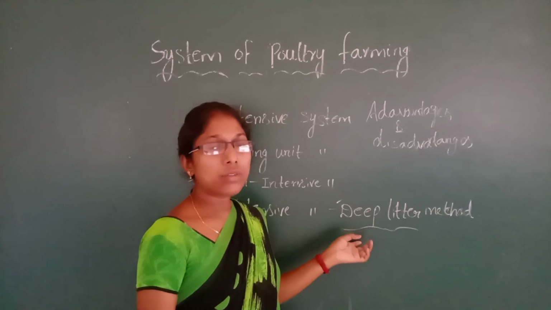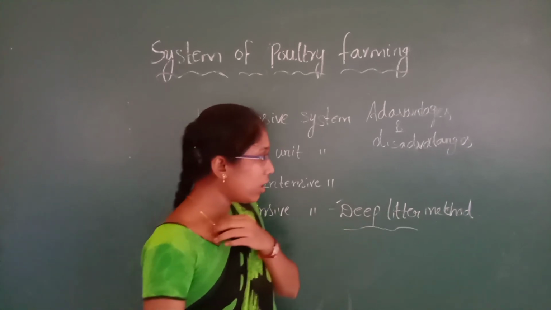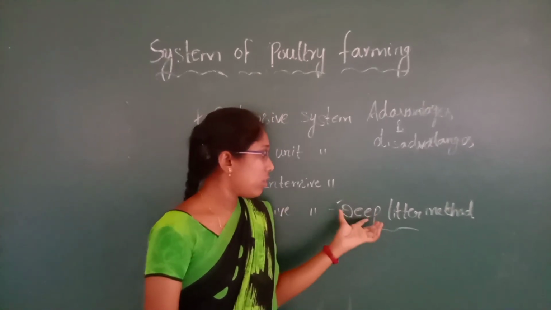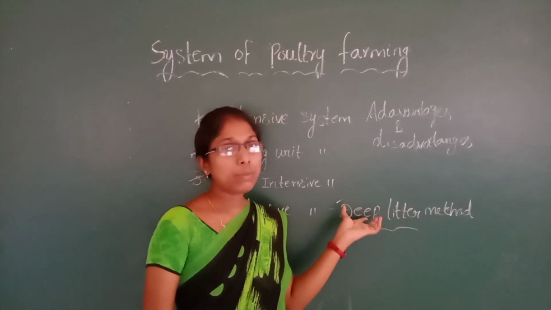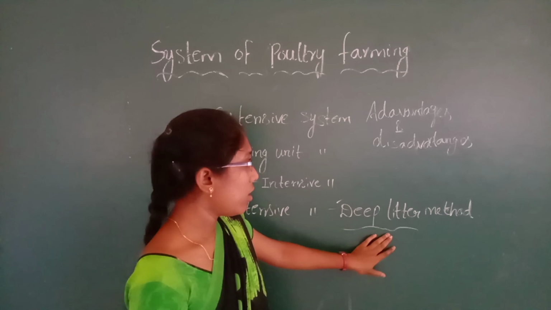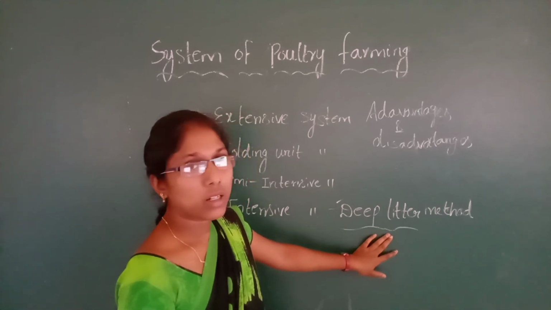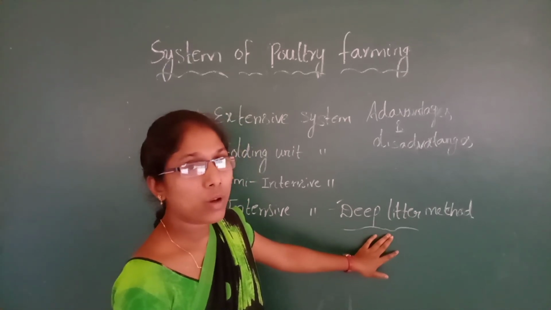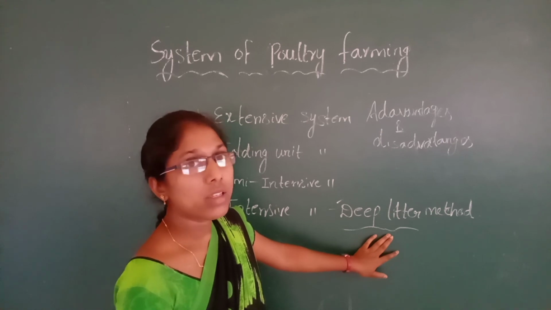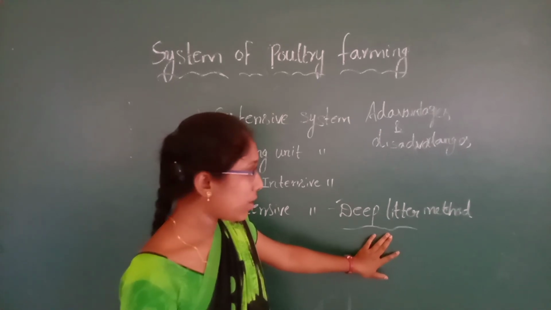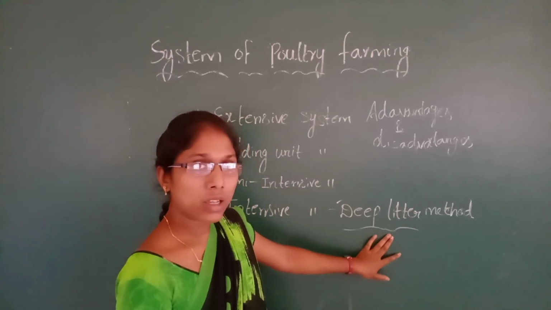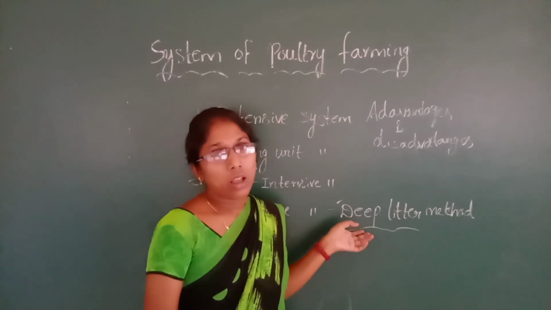In the deep litter method, we cover the house floor with deep litter, which absorbs the moisture in the birds' waste. We have to cover it to about 8 to 10 centimeters in depth.